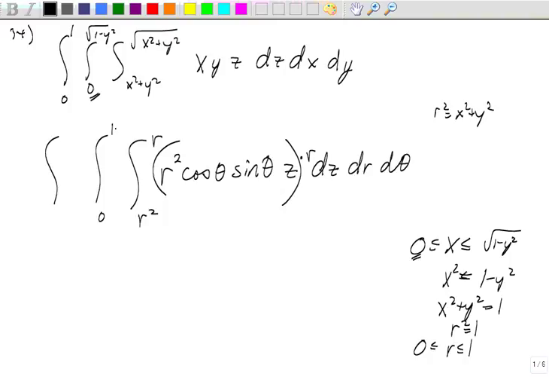And then theta is going to go from 0 to pi over 2, because y is between 0 and 1.